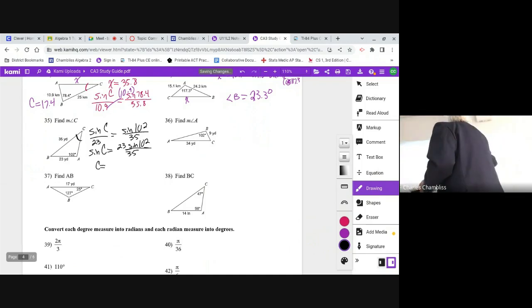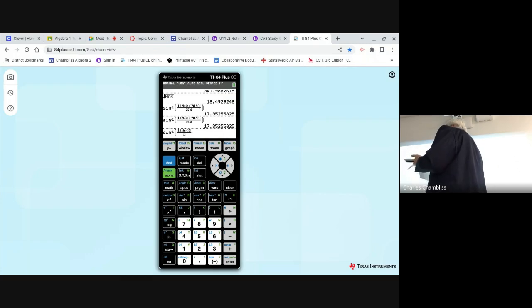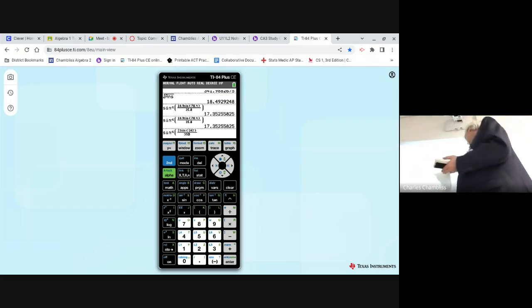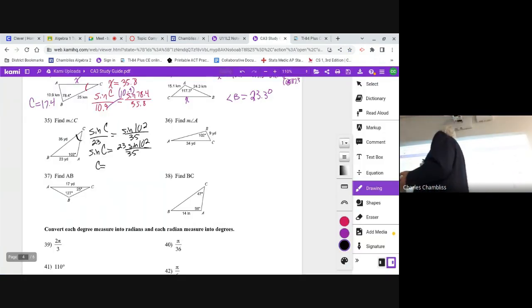So this is where I go to the calculator. 23 sine 102 over 35. And that, well, 39.99, whatever, that's basically 40 degrees.